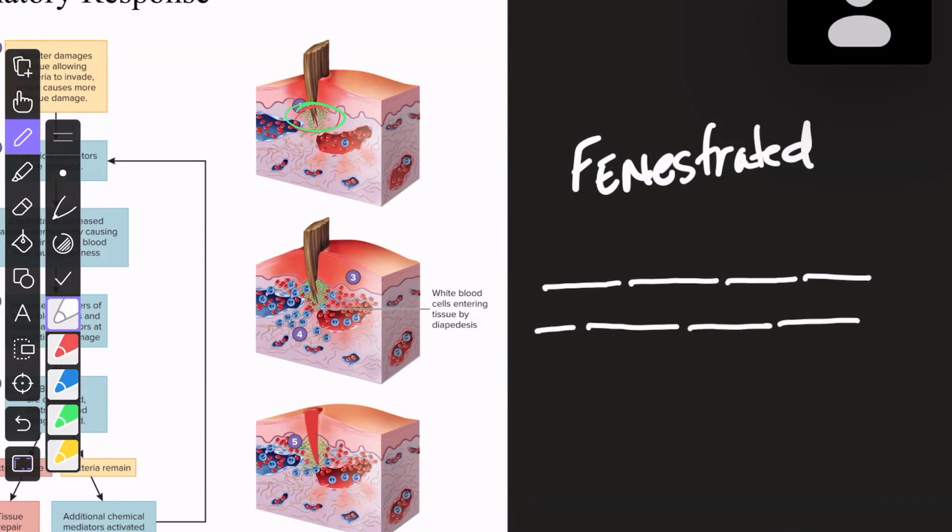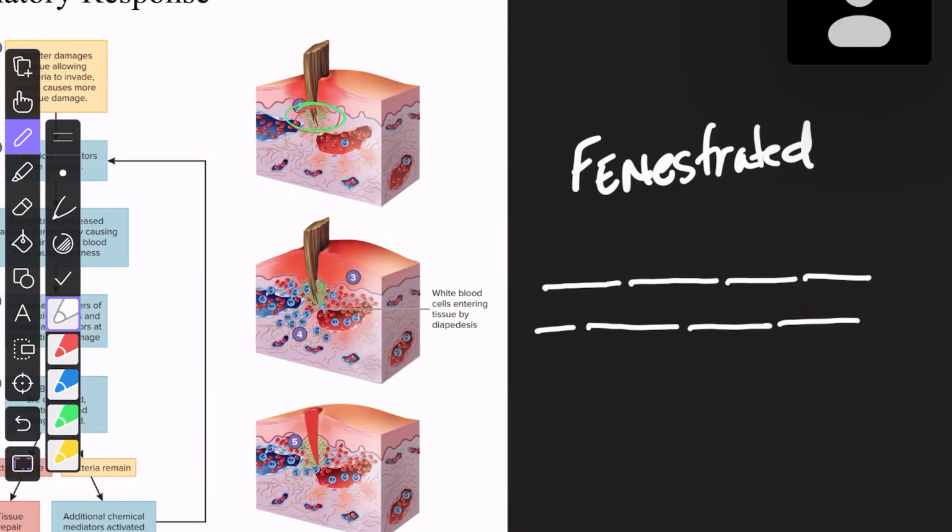As the inflammation happens, one of the things that comes along with inflammation is a chemical that causes vasodilation. What does vasodilation do? Makes the blood vessel bigger, right? So we go from a small capillary to a bigger capillary.